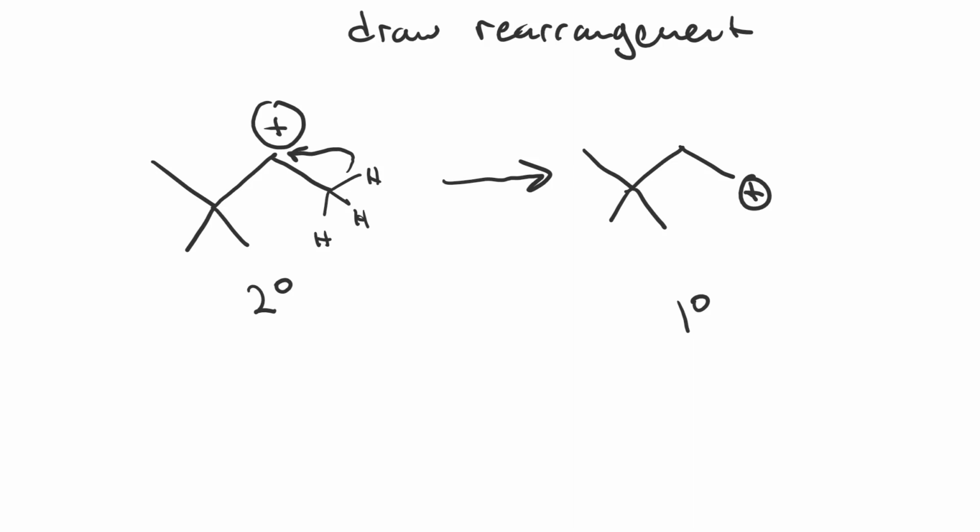Rearrangements never happen to give a less stable product. However, if we did a 1,2 methide shift, we would now have a tertiary carbocation, which is more stable.